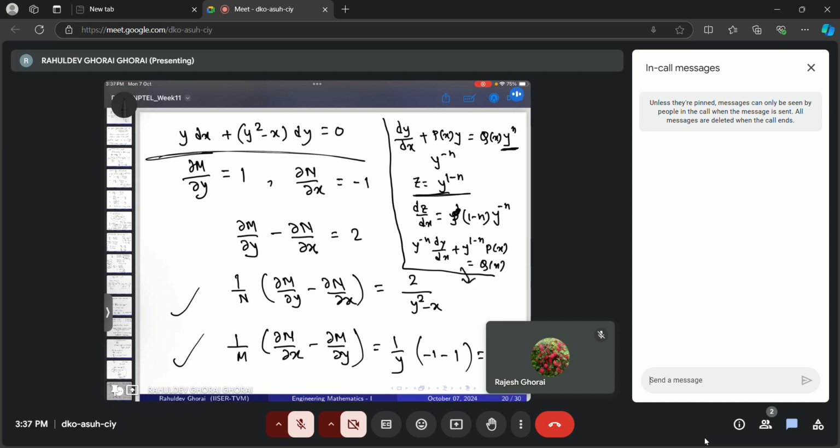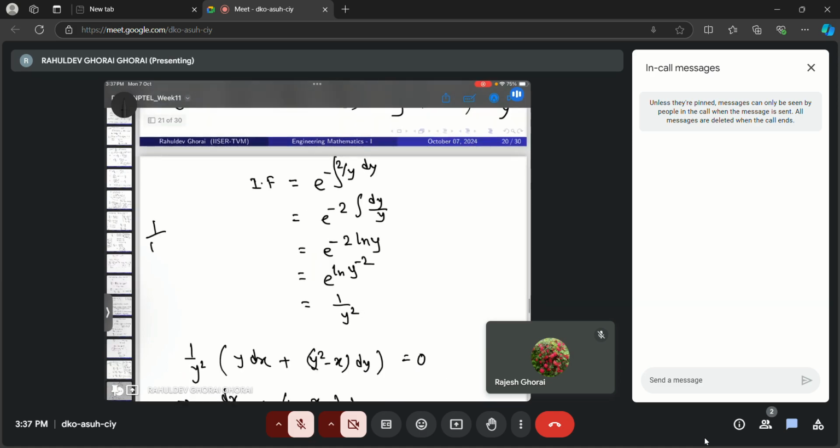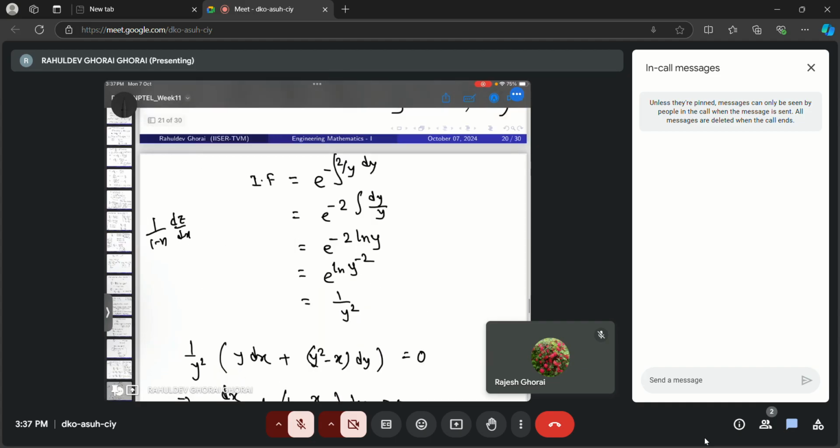So what you find from here, it will be 1 by 1 minus n times dz dx plus p times z is equal to q. So now you got the differential equation we already discussed.